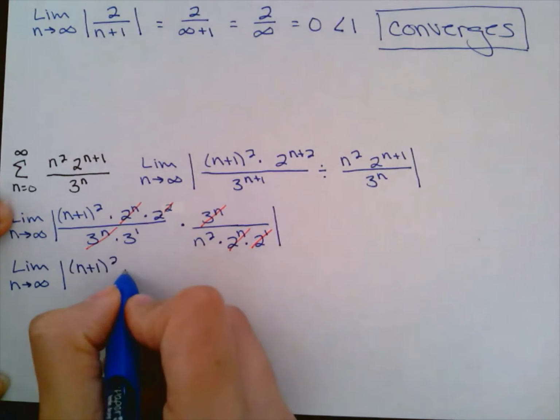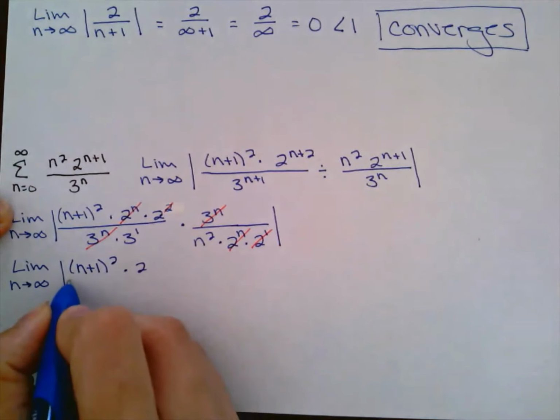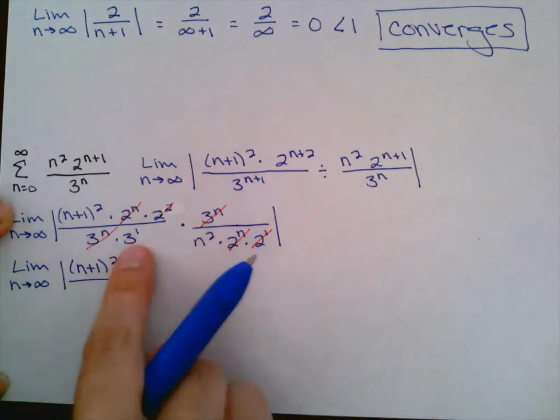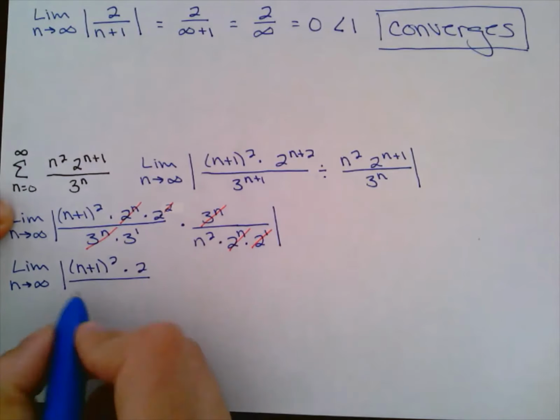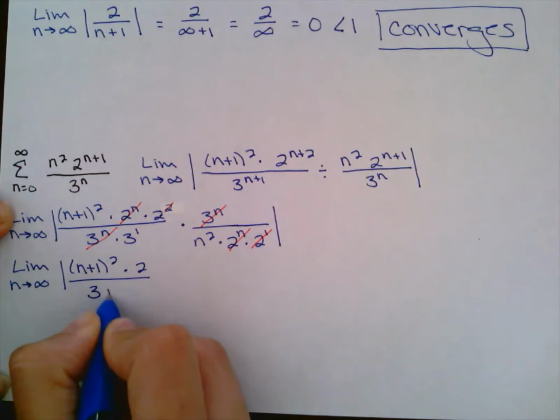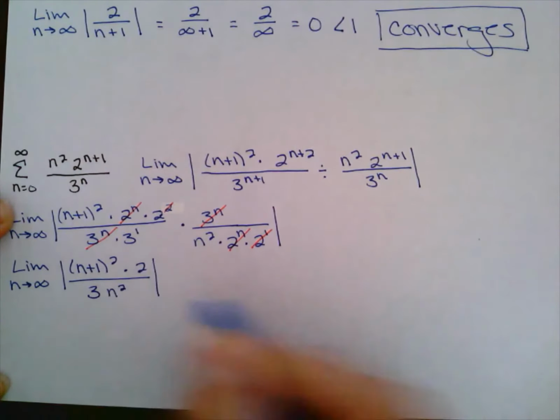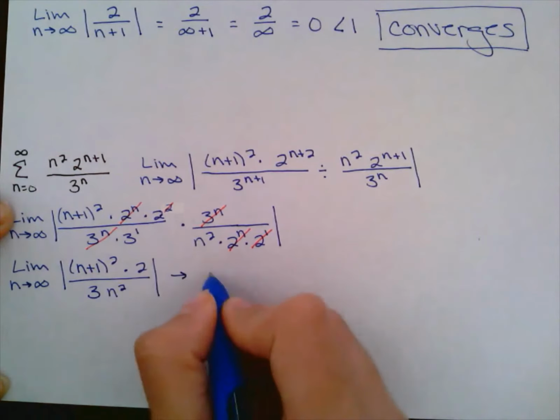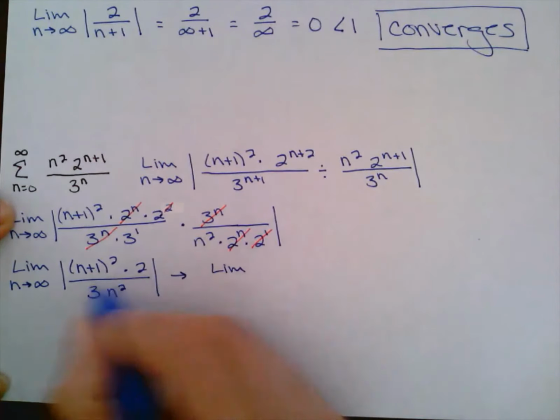squared times a 2 over 3 and then this n squared. Okay, you may prefer to write this as that 2 in the coefficient.